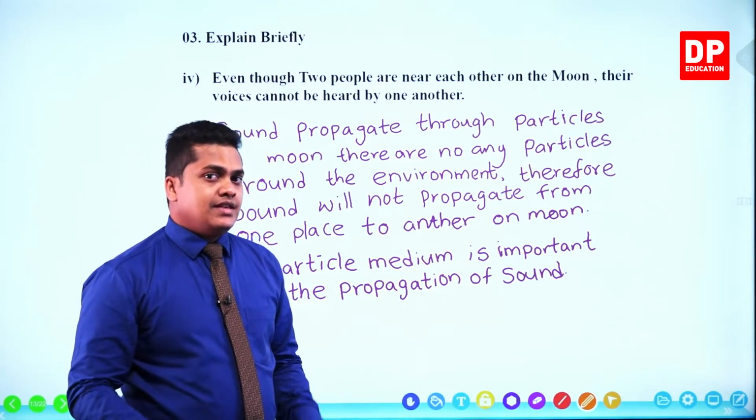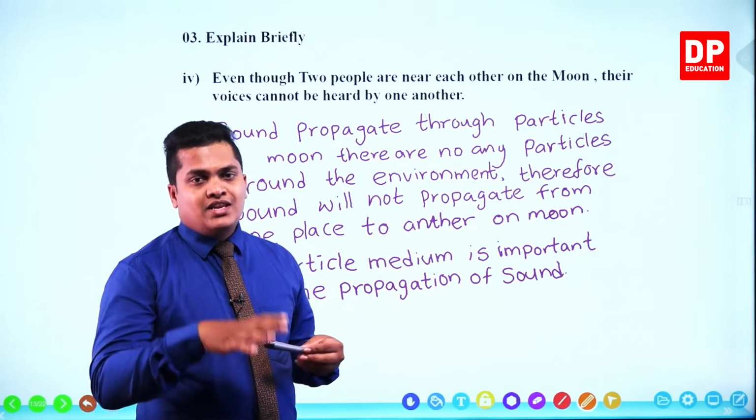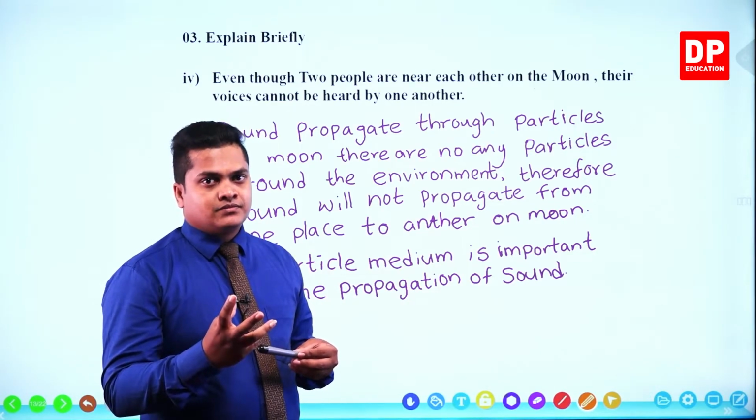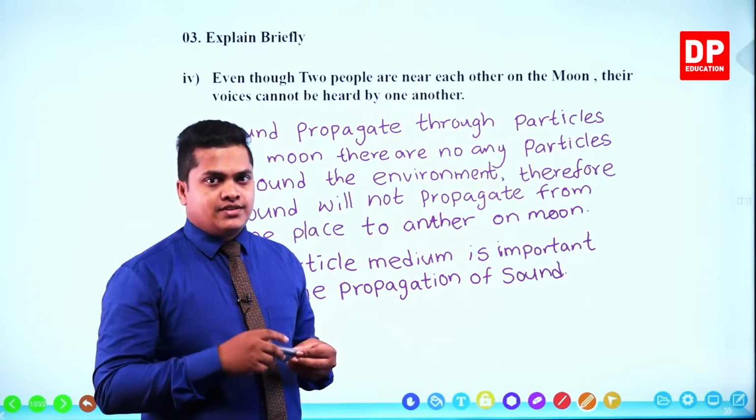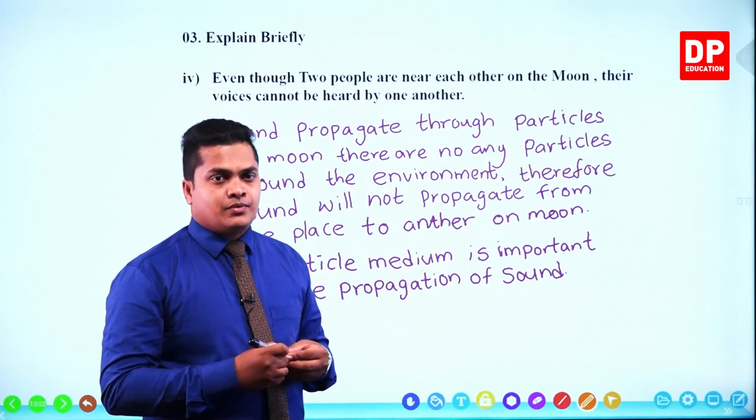Particle medium means any kind of liquid or solid or else a gas. Any state of matter can be considered as a particle medium, right?